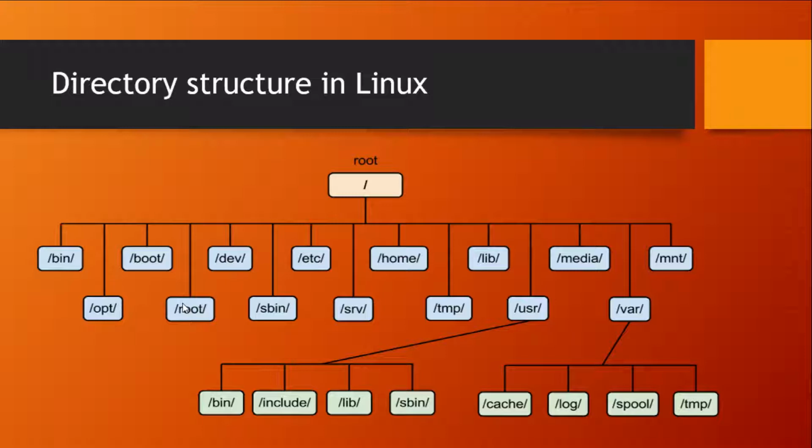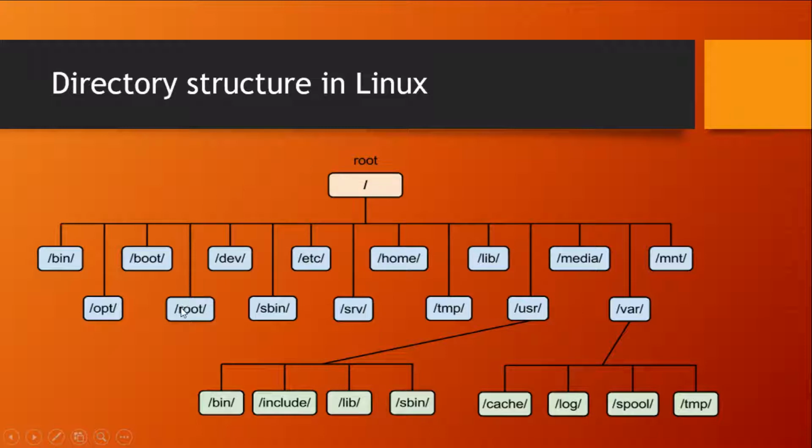So you've got three types of root keywords here. Root represented by a slash, which is the starting point of the file system. A super user named root, which can write to the slash directory.